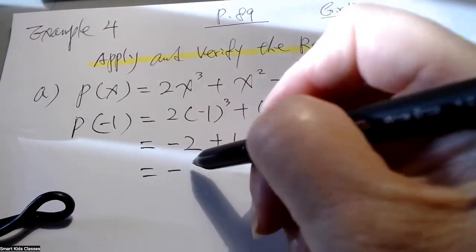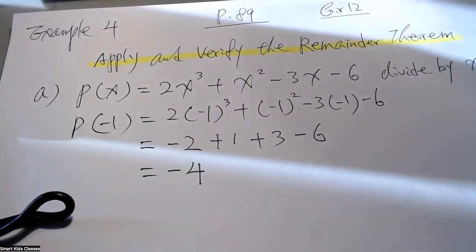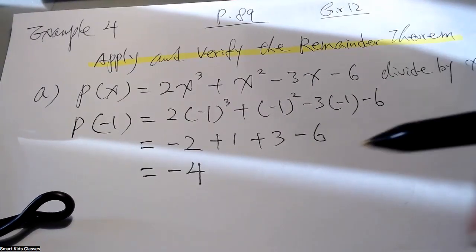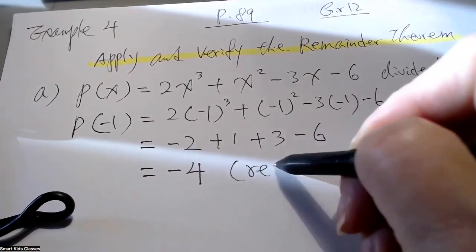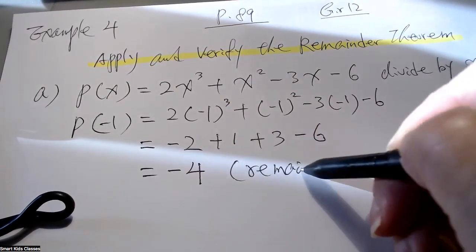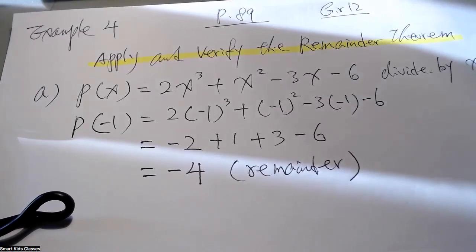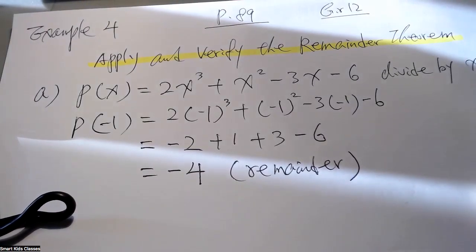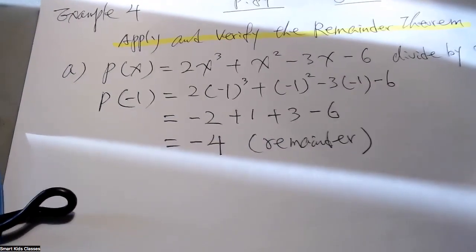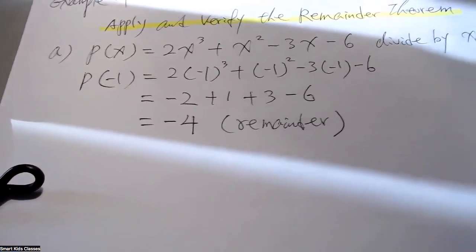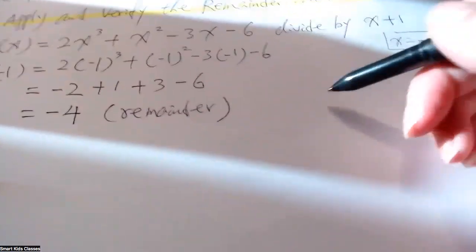And you're going to get negative 4 as the remainder. Now if negative 4 is the remainder, we are going to verify with long division. So I'm going to do the long division here.